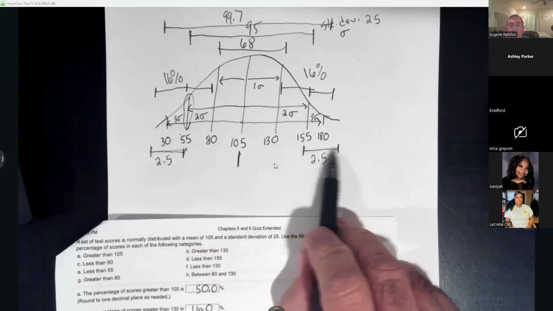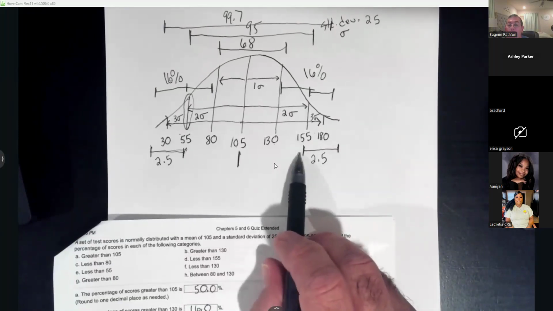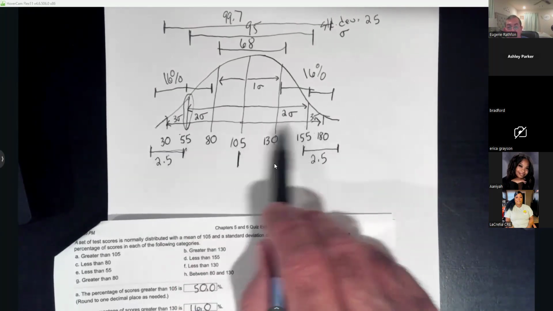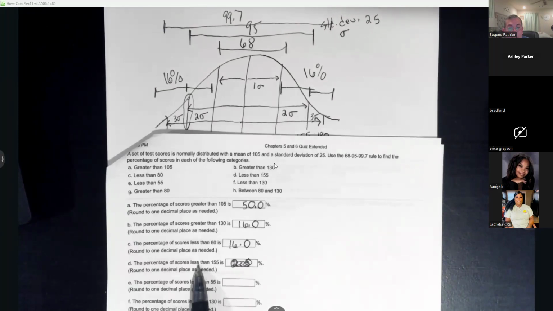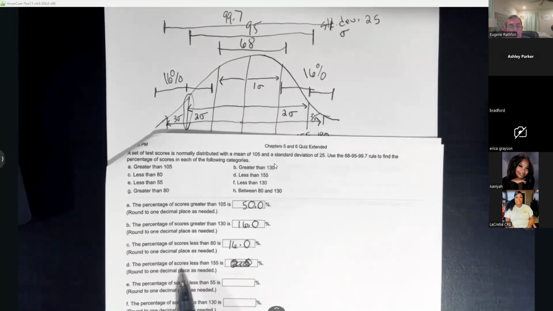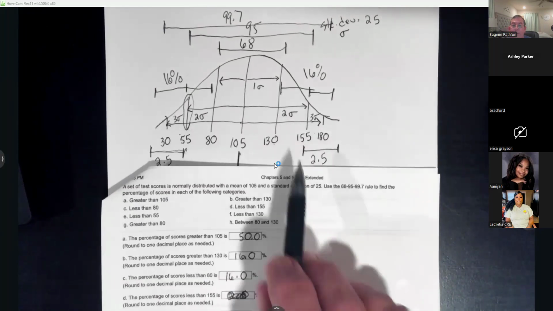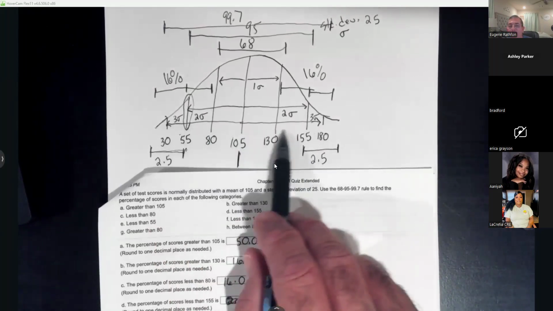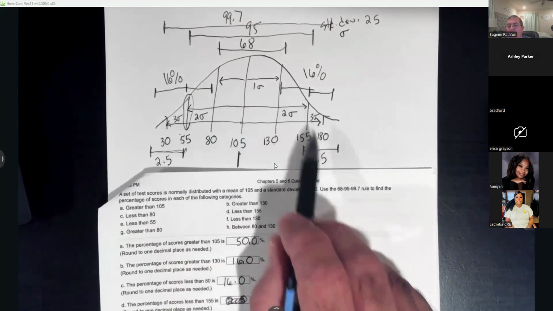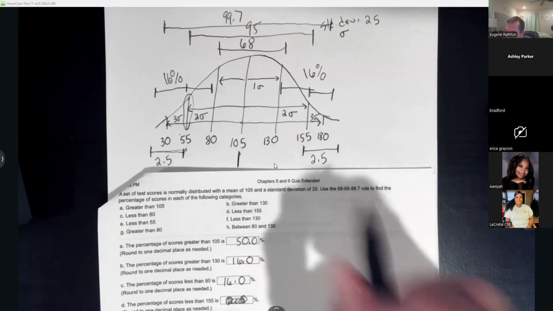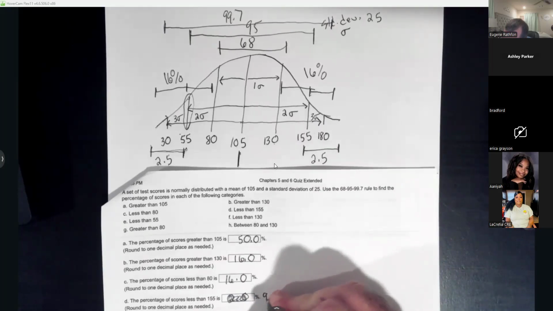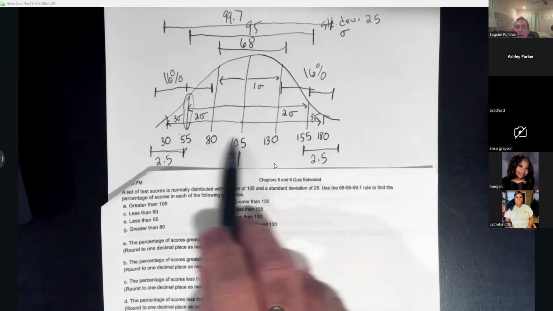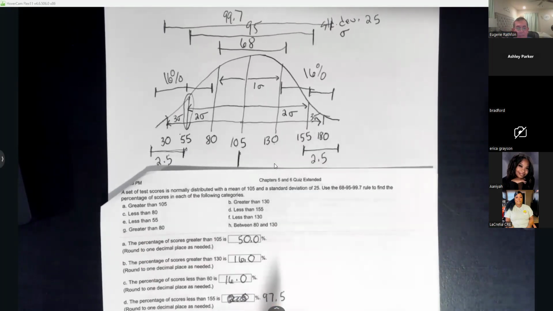I was doing greater than 155 here. We wanted less than 155. I was reading this wrong. The percent less than 155 would be the 100% minus this 2.5 that was greater. So, y'all, I'm sorry, that would be 97.5 that were less than that 155.